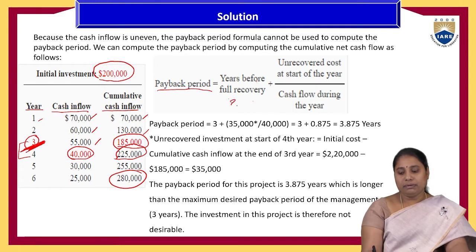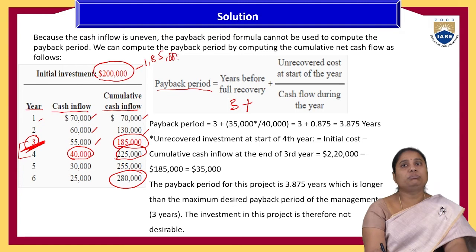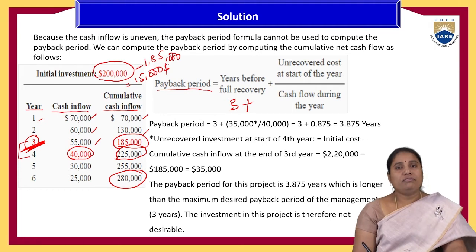So that is 3 plus the unrecovered cost at the start of the year. Here they invested 2 lakhs, and up to 3 years they got back 1,85,000, so the unrecovered amount is $15,000.